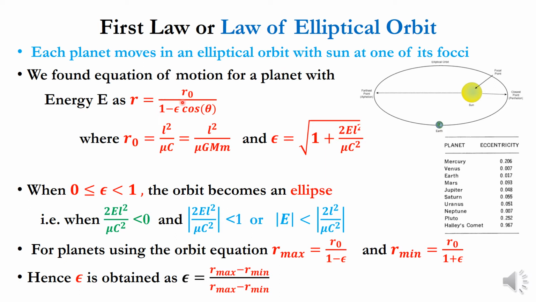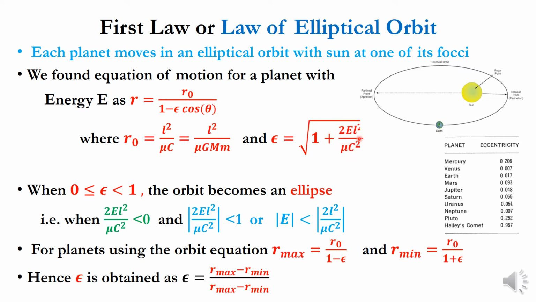So this equation represents an ellipse only when this eccentricity is in between 0 and 1. That is, this eccentricity becomes greater than 0 and less than 1 when this value E is a negative value, that is less than 0, and also the magnitude of this one is less than 1.